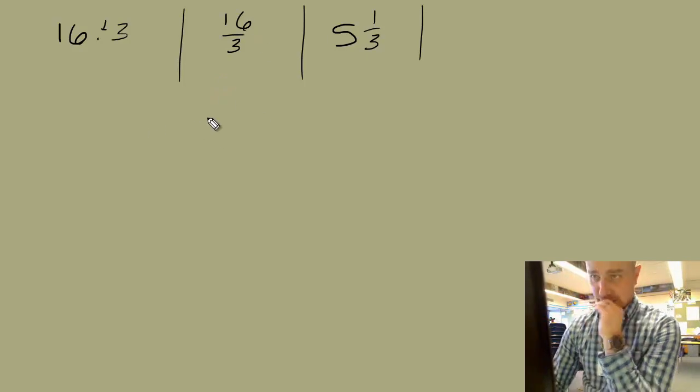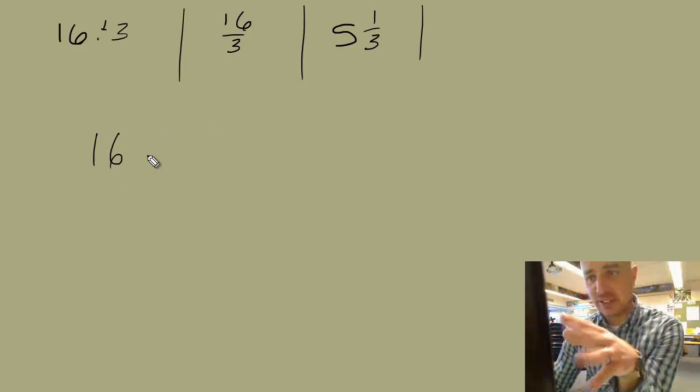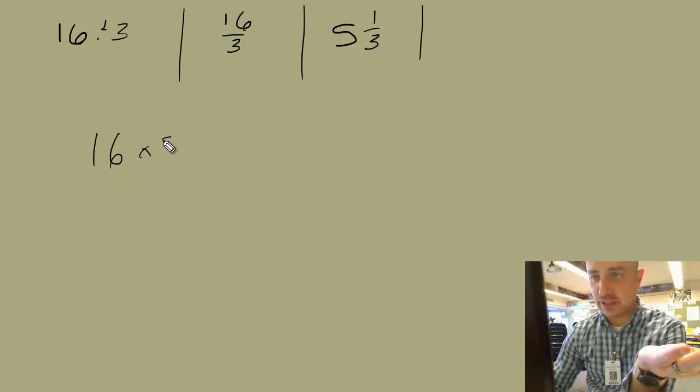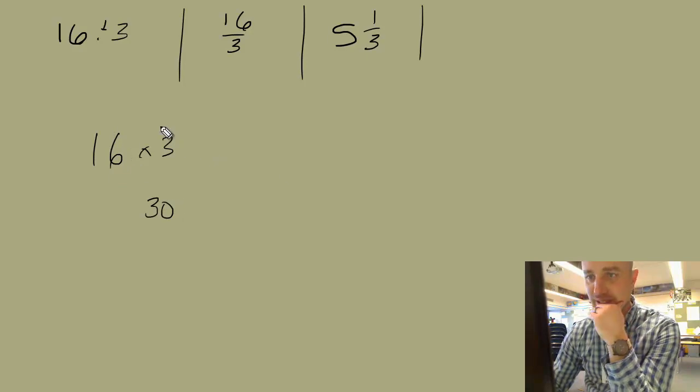Well, if I have 16 things and I split those 16 things up into thirds, basically what I'm doing is multiplying 16 times 3, and if I do that, I'm thinking about 10 times 3 would be 30. 6 times 3 would be 18, and that would equal 48.